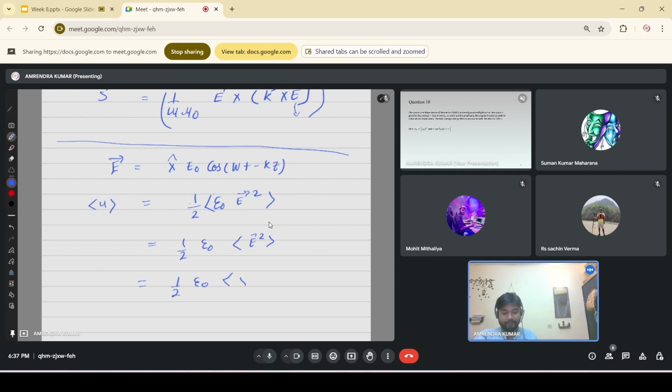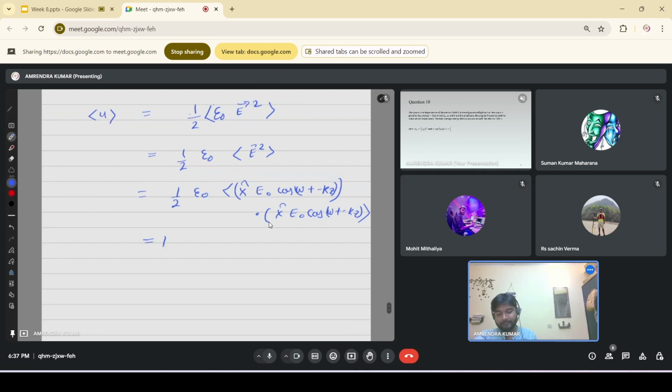So you have to write E x cap E naught cos of omega t minus kz, and you have to also write this because of the dot product. Now you have 1 by 2 epsilon naught. The x dot x becomes 1, and then E naught square cos square of omega t minus kz.